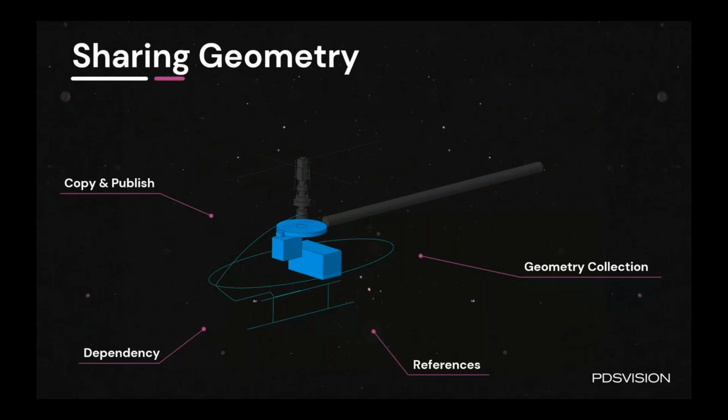Okay, so I've got a team working on the body work for my helicopter. In my skeleton, I might have some key design language lines, okay, so that really emphasize the shape and overall design style of the shell of my helicopter. I share that with their design team, and they use those curves to build their surfaces off of.